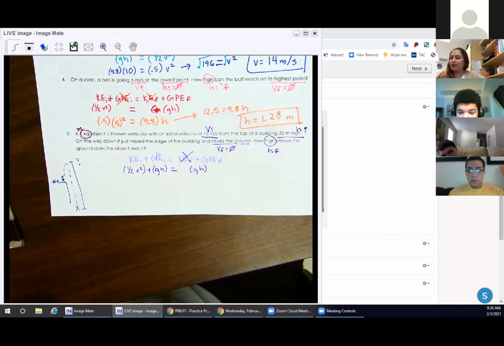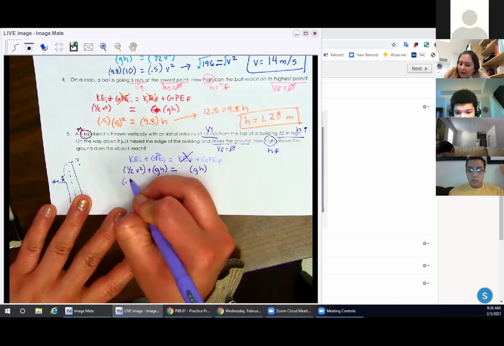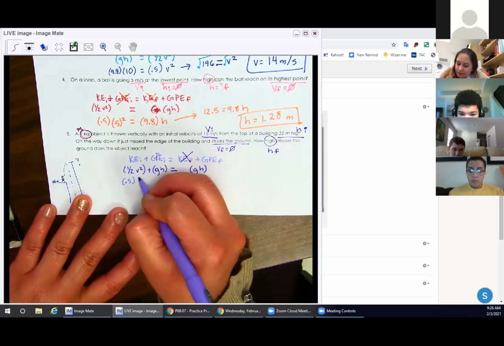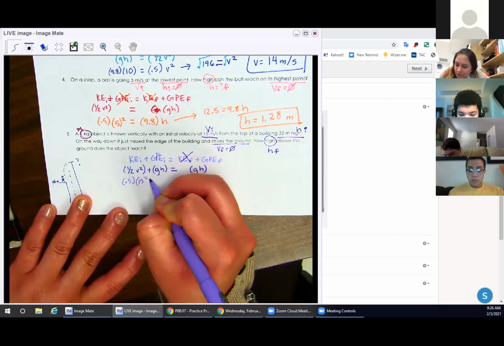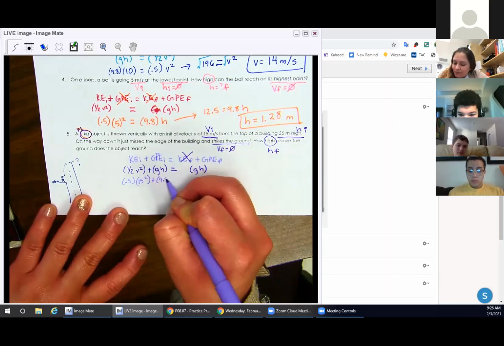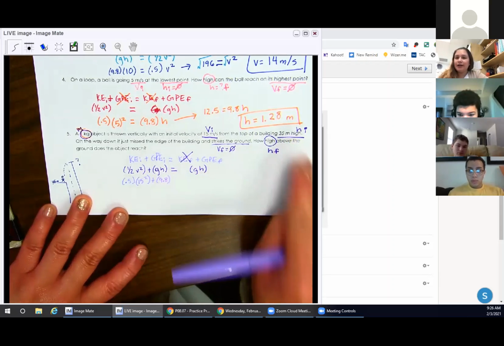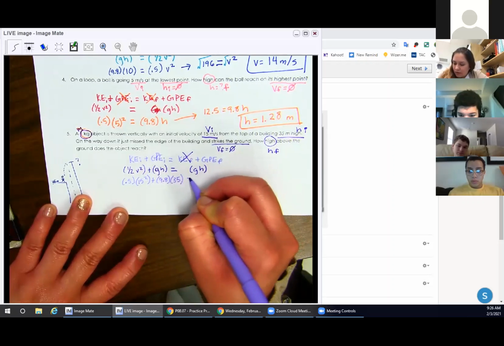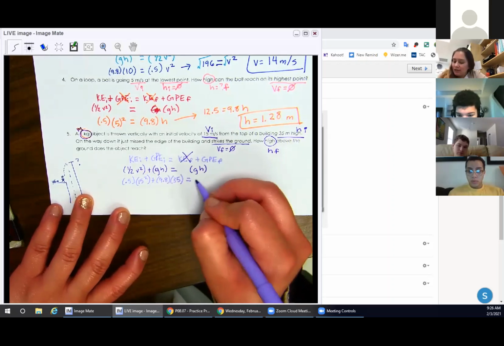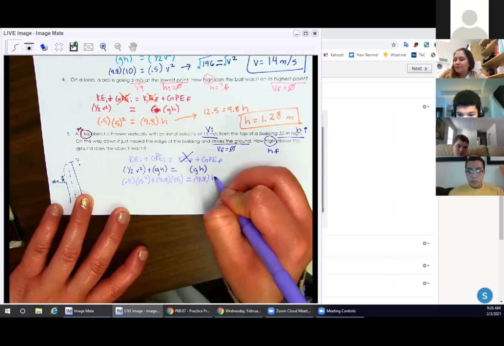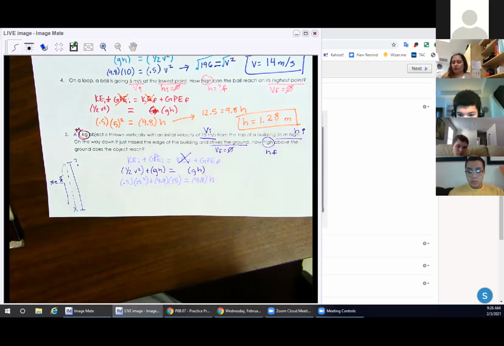Now we're just going to plug in our numbers. 1/2, I like using 0.5, times v squared, that's 15 squared, plus gravity is always 9.8, times our initial height, which was 35. And that's going to equal gravity again, 9.8, times my height, which is what I'm looking for.